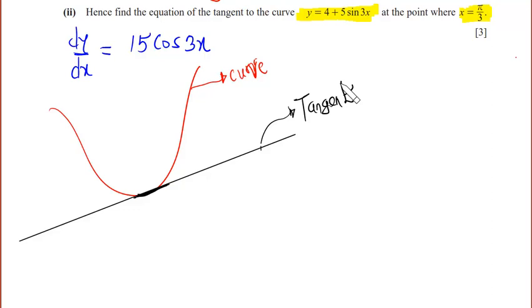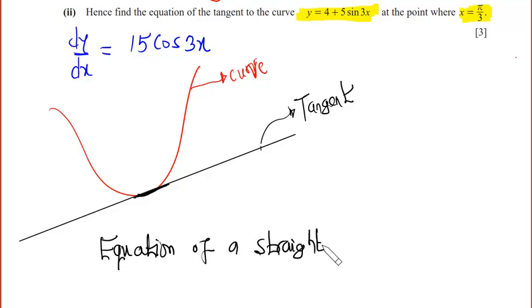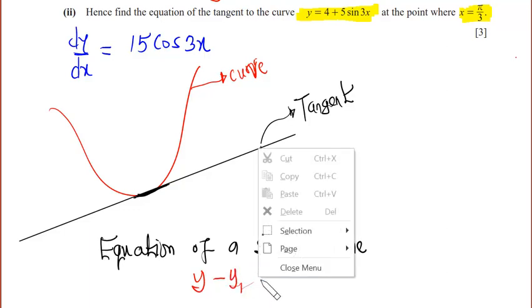In real sense, we are required to find the equation of that tangent, which means we are required to find the equation of a straight line. So let us find the equation of a straight line, which is the tangent line. Now the equation of a straight line is given as y minus y1.